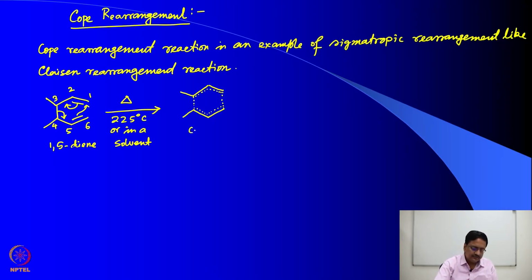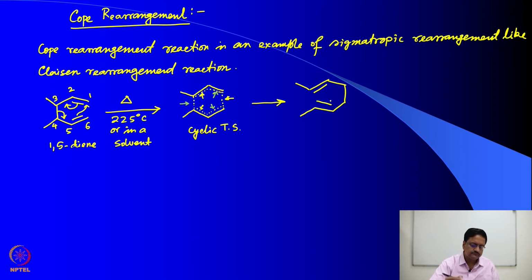So, this is the cyclic transition state, where these bonds are forming and these bonds are breaking simultaneously. So, what should be the product? The product should be this one, a new diene after the corresponding rearrangement reaction.